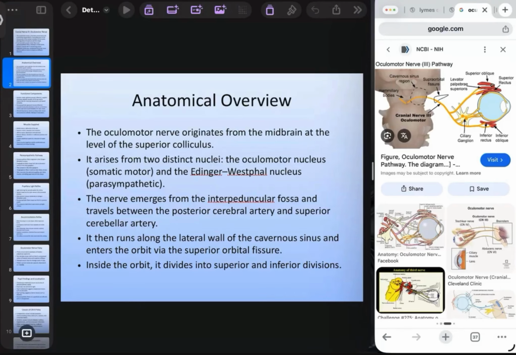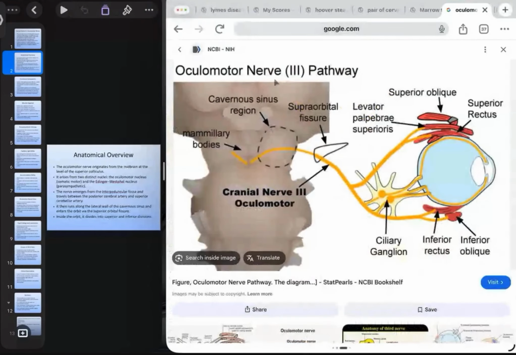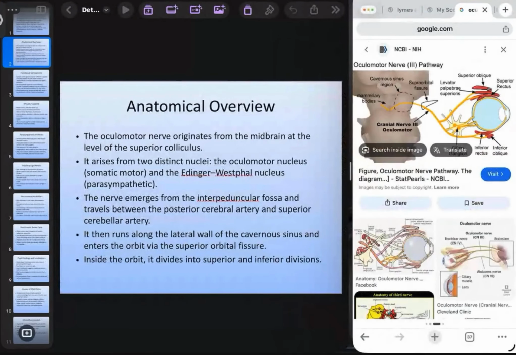Perfect. So the oculomotor nerve, you can see in this detailed image. I'll just show you the image quickly. This is the cavernous sinus, and these are your mammillary bodies, and this is the superior orbital fissure. You guys can clearly see that the cranial nerve emerges from the midbrain, so that you guys can know.